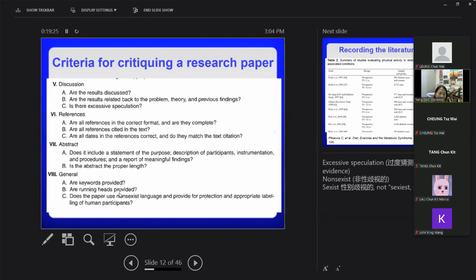This is a little bit minor, but sometimes the studies need to provide keywords, or a running title, and so on. Mostly the first five parts are more important for reading a research article.